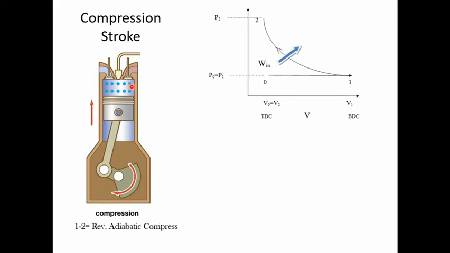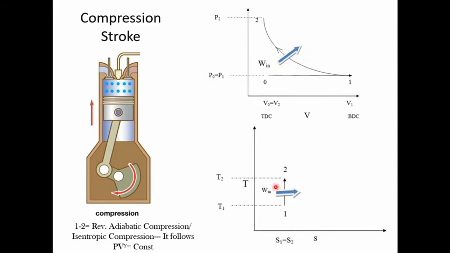We term this adiabatic compression, or it can also be termed isentropic compression, and it follows PV to the power gamma equals constant. In the PV diagram you can see that with the compression the pressure increases and the volume decreases as the piston head moves from bottom dead center to top dead center, and this is the work input to the cycle during the compression stroke.